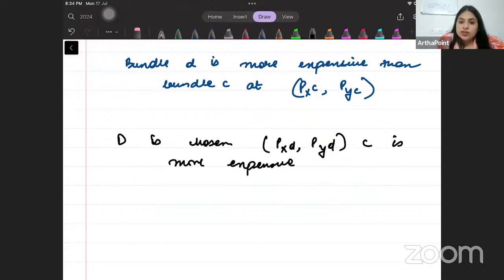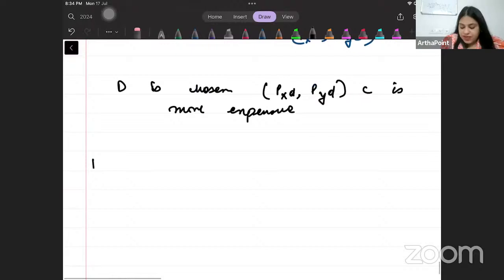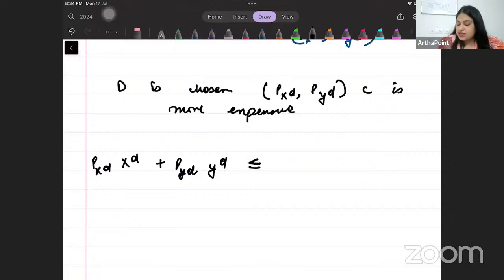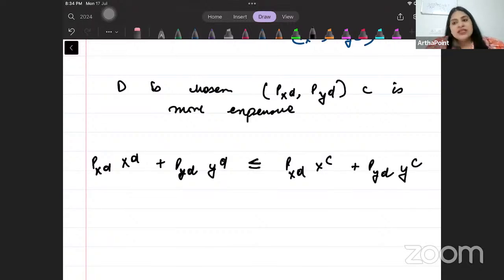Right? How do I show it's more expensive? At this price ratio, PXD, PYD, bundle XDYD is less than PXD, PYD, bundle XCYC. These are the two equations that I have written. Now you just have to rearrange these equations.